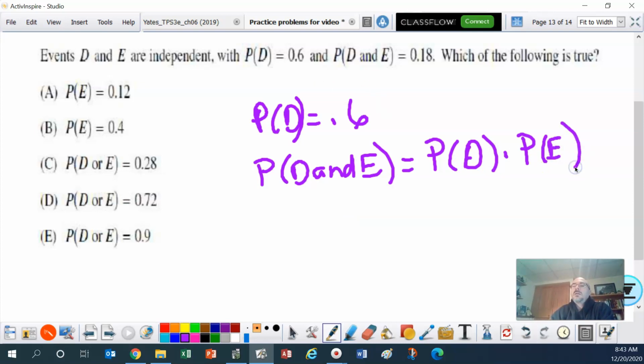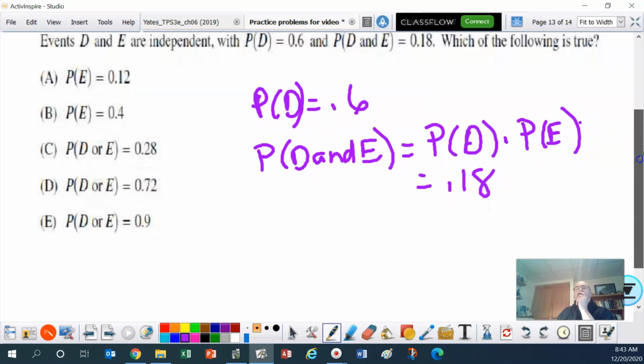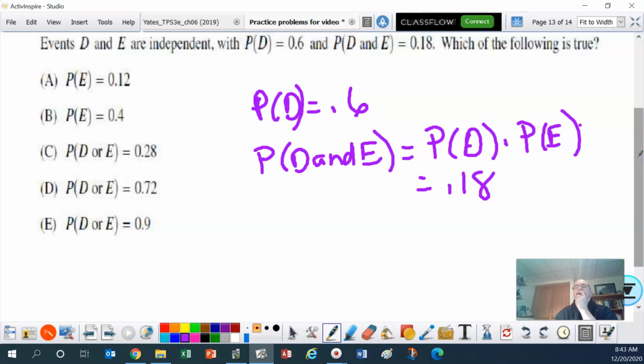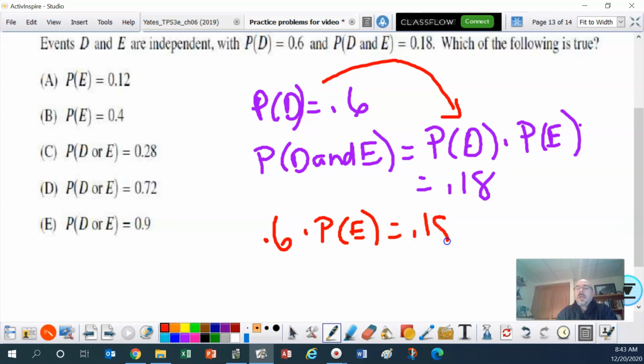Okay, I can go with that. Now let's see here. It's telling me the probability of D is 0.6, so I'm going to plug that in here and do a little algebra. 0.6 times the probability of E equals 0.18.